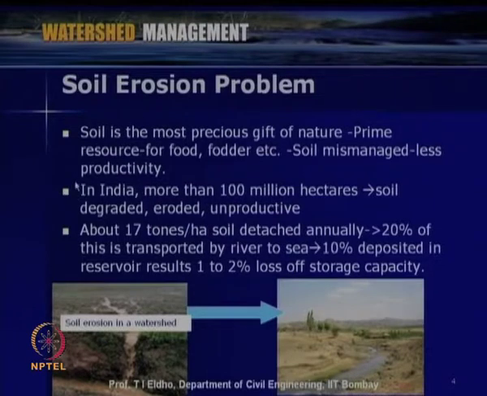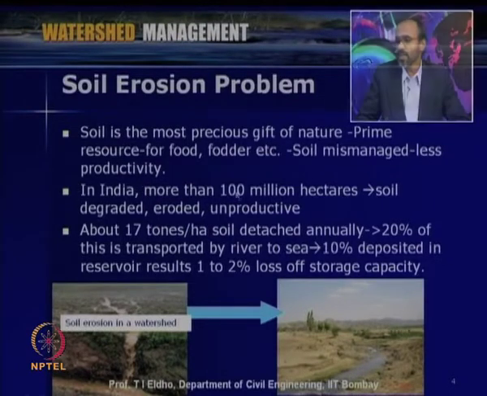For example, if you consider India, more than 100 million hectares, that means more than one third of the land, has various problems of soil erosion: the soil is either degraded, eroded, or in some places unproductive. About 17 tons per hectare of soil is detached annually. This is a rough approximation of the erosion problem in India.